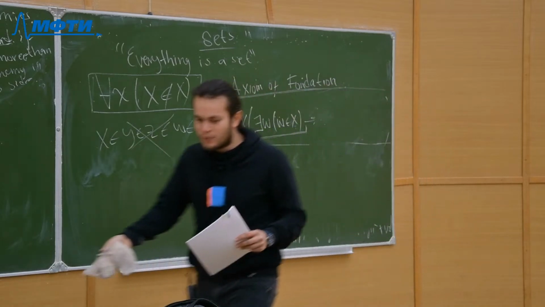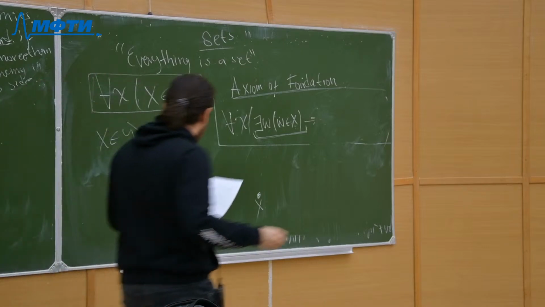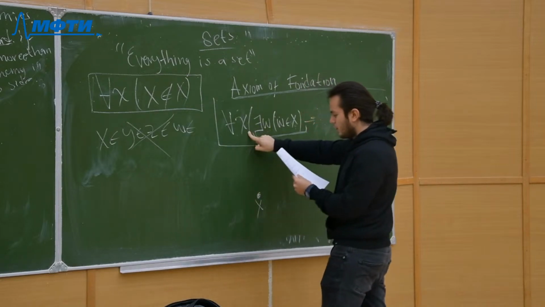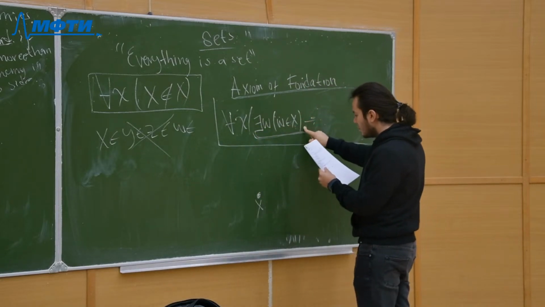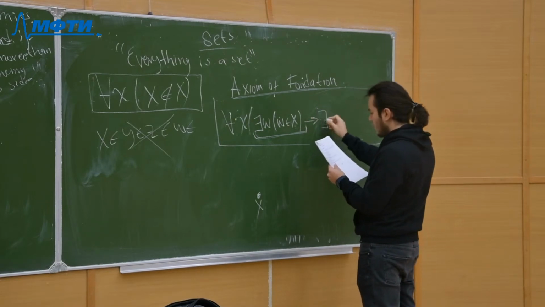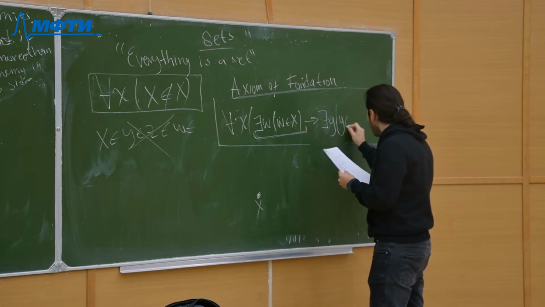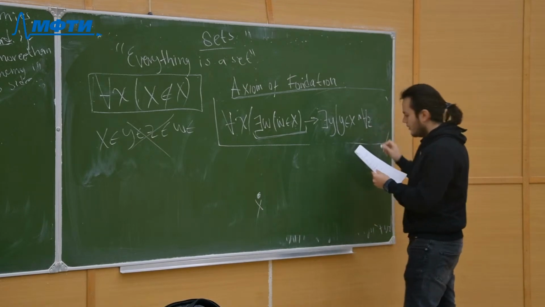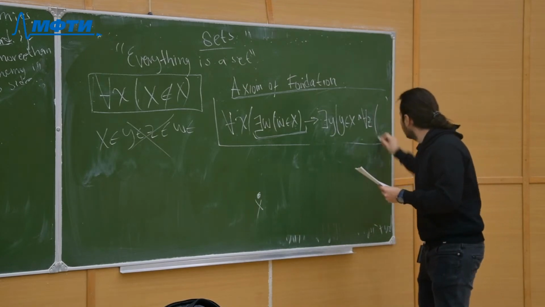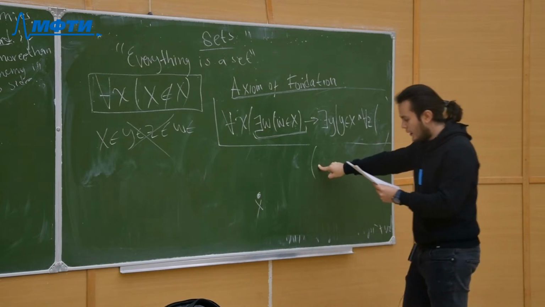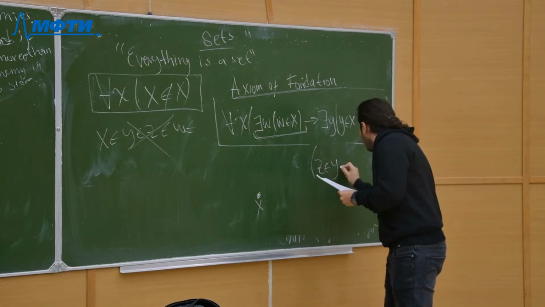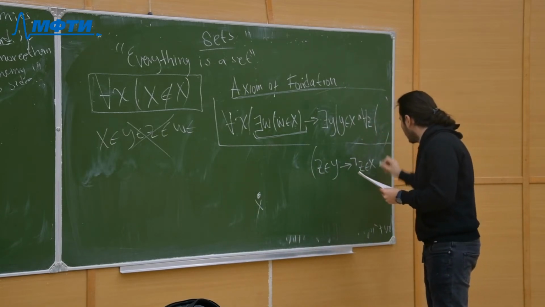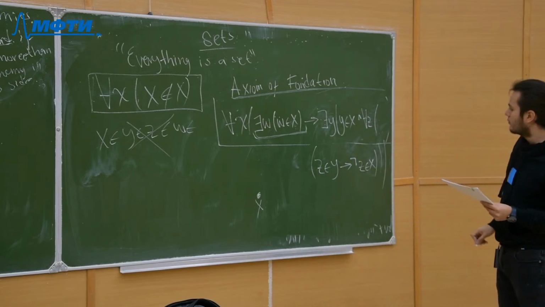Yeah, something wrong here. I have for x such that x is non-empty, then there exists y such that y belongs to x. Now, yeah, it's correct. And for all z such that z belongs to y, it doesn't hold that z belongs to x. Now it's correct. So what is written here?